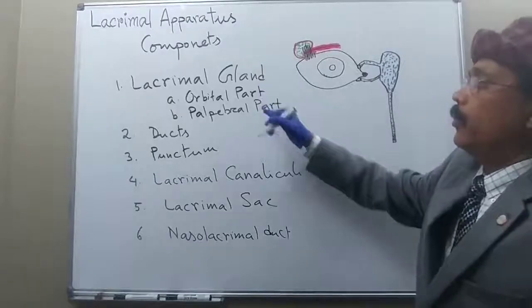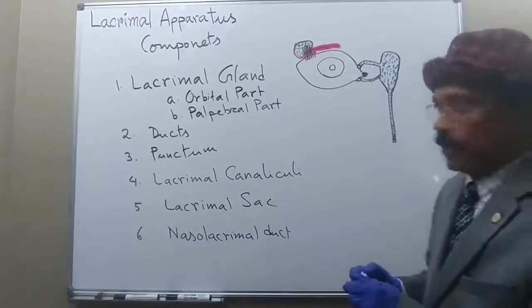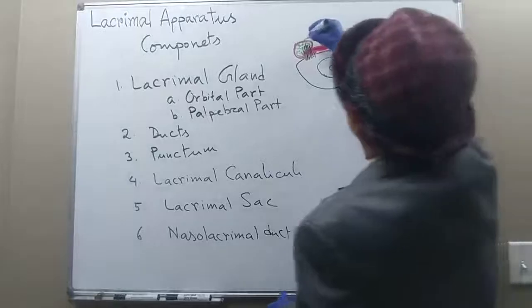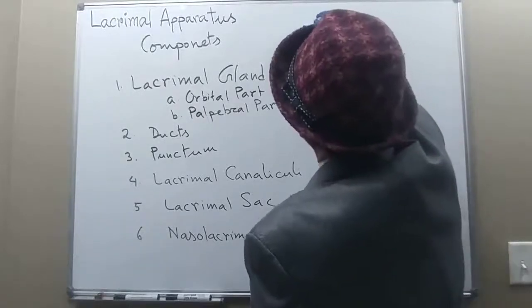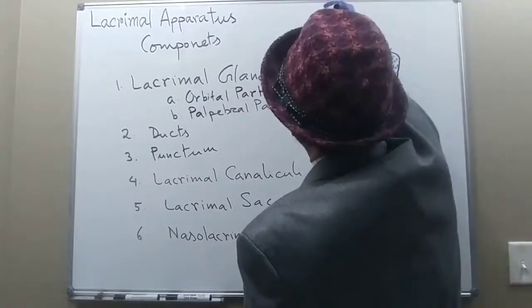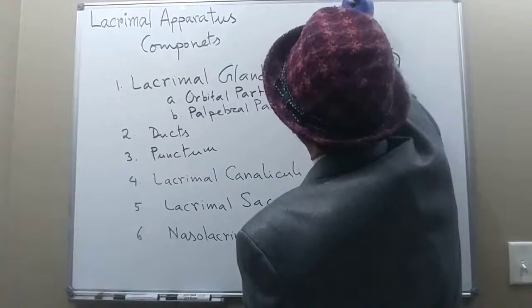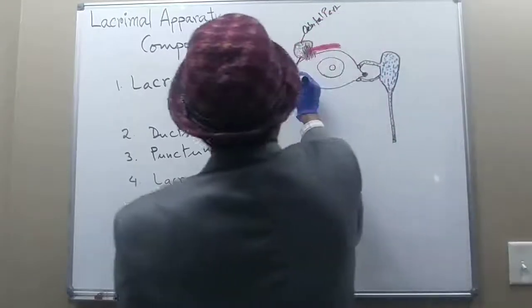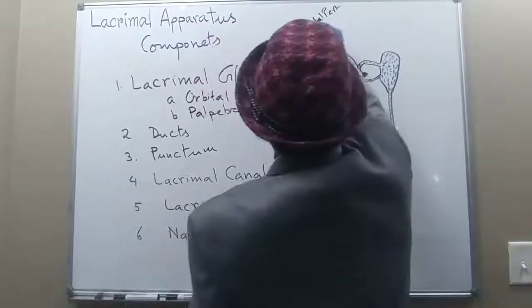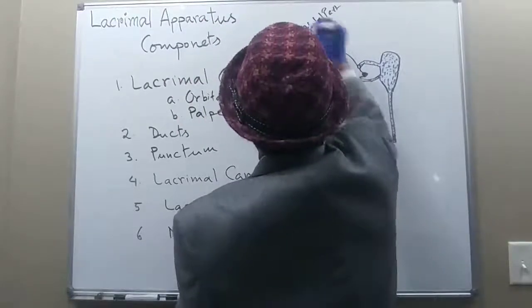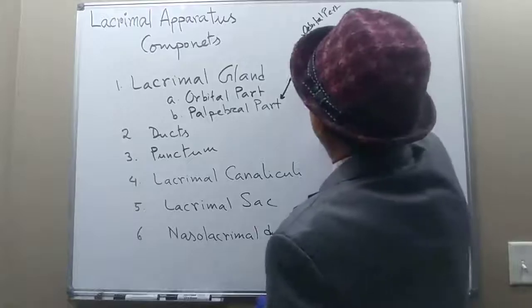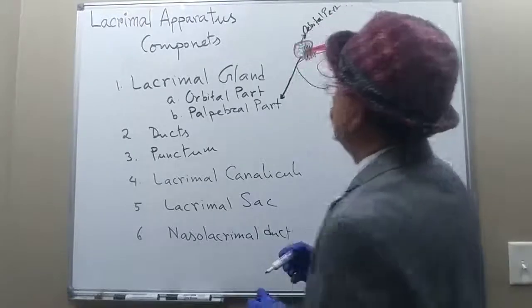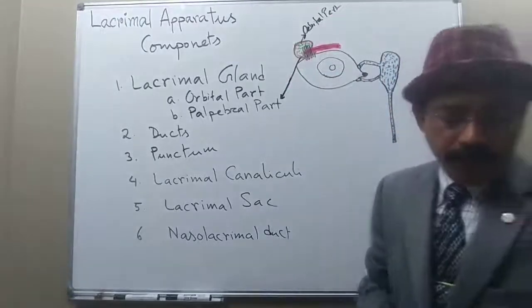Lacrimal gland has two parts, one is the orbital part and another is the palpebral part. So this is the orbital part and the lower part is the palpebral part.